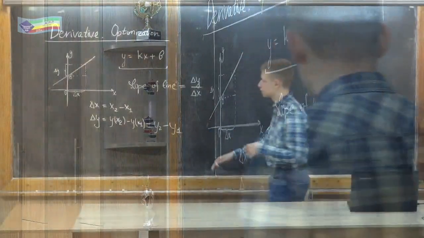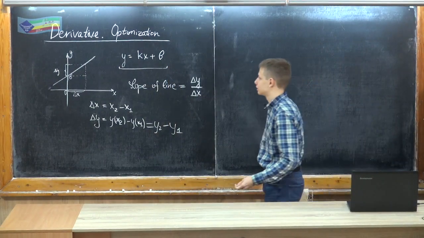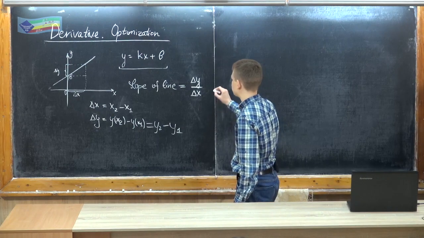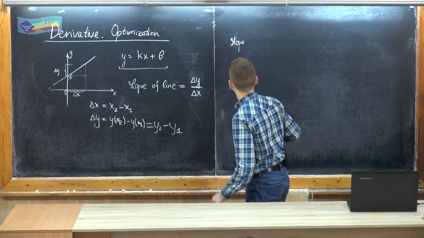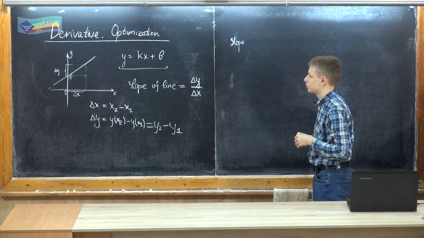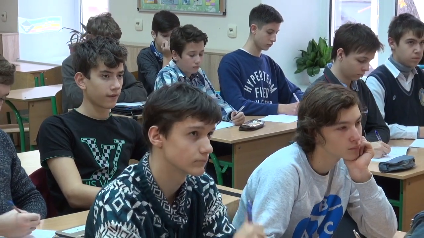And now let's substitute these definitions into the definition of the slope of a line and get our number. So slope, I won't denote with any numbers or letters, just write slope is equal to delta y.